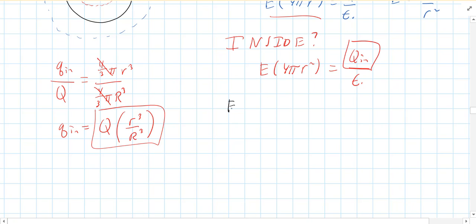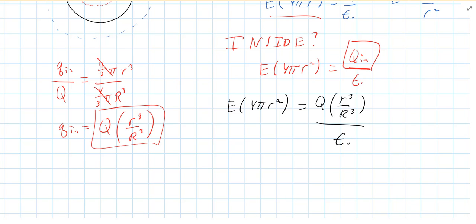So we get E times 4 pi r squared equals big Q, the total charge of the black sphere, times the ratio of the radii cubed divided by epsilon naught. And then if you do your algebra here, this r squared will cancel with that r squared, leaving you with an r. And you get the following. You get E equals Q times r over 4 pi epsilon naught big R cubed.